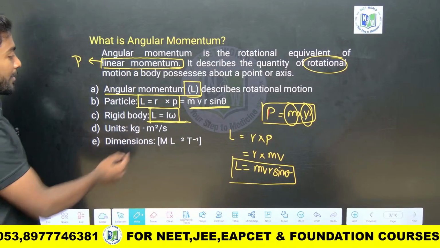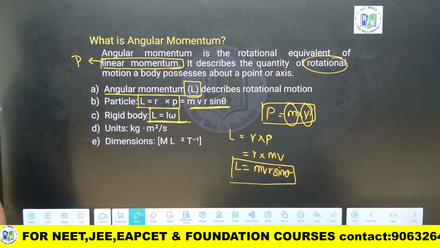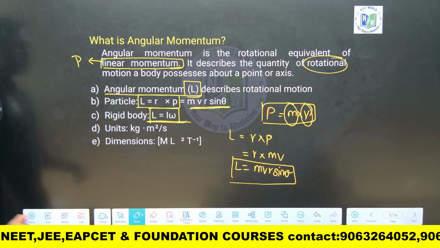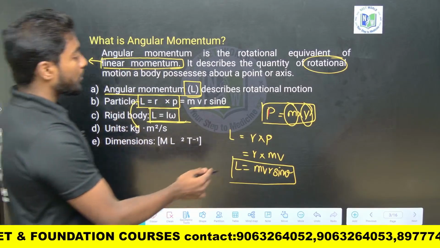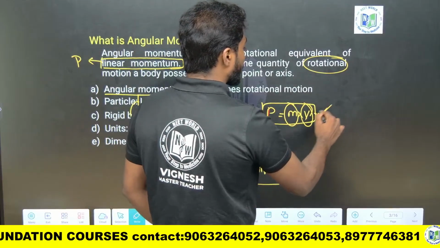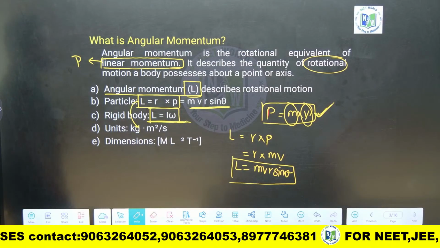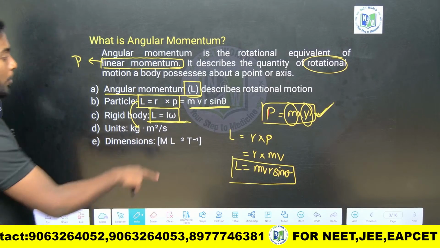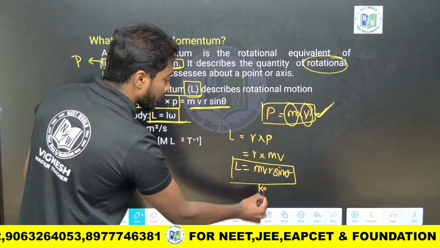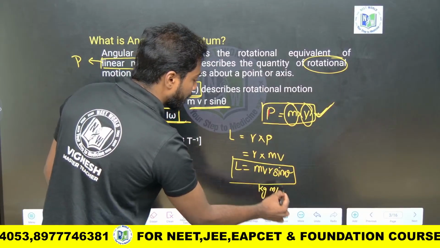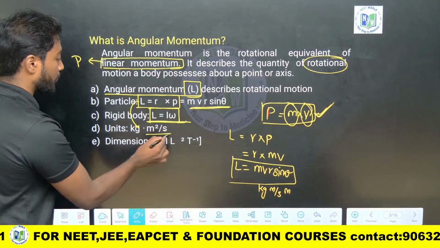The unit is kg meter square per second. What about the unit? Mass is kg, velocity is meter per second, and again there is one more meter from r, so kg meter square per second, that's why.